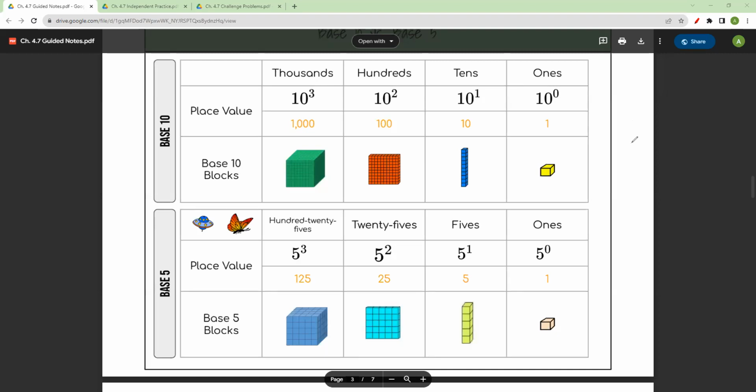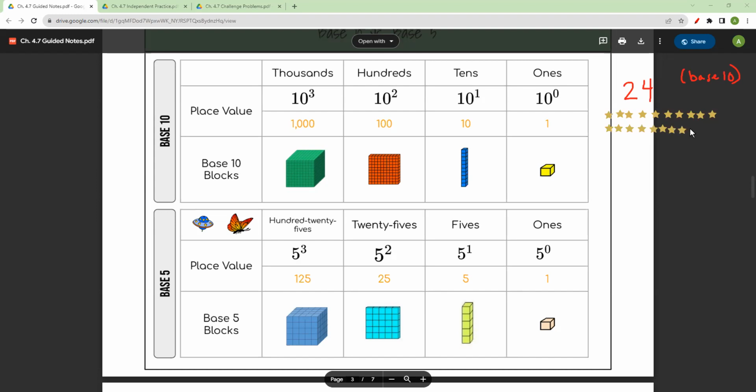Okay, so let's say we have the number 29. Well, let's use a little smaller, let's just do 24. So this would be 24 in base 10. This is the number 24 that we always are used to. If we wanted to represent 24 using counters, we would draw 24 little dots. Let me get the stamp. I'll use the star. So we have 1, 2, 3, 4, 5, 6, 7, 8, 9, 10, another 10, and then 1, 2, 3, 4.